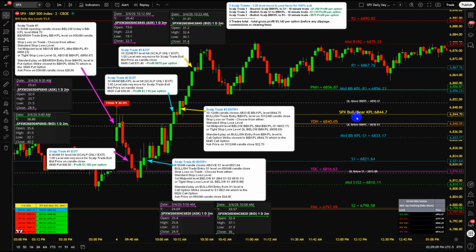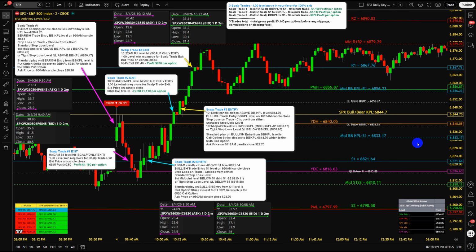And then if price happens to move outside R2 or S2, then you would simply go over to the price axis and you would scroll out to continue following price action through the other levels.